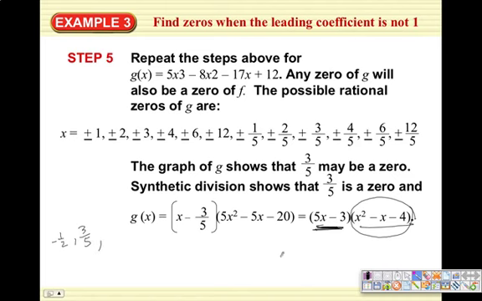We're looking for a couple more zeros, so that's where this comes into play. First thing I look for, does it factor? Factors of negative 4 that add up to negative 1, and it does not factor. So therefore you have to use the quadratic formula, and I'm not going to go through that. I'm going to assume that you can use the quadratic formula on this guy right here.